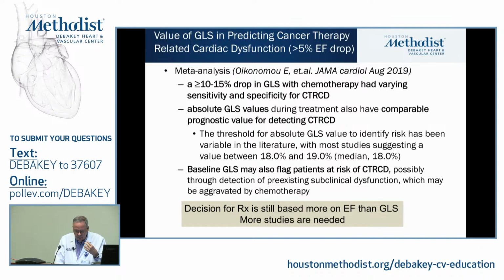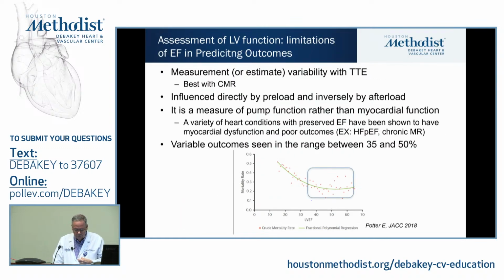So again, more studies needed, stay tuned, but it still has not crossed that barrier of being the gold standard that is used for making decisions in every patient in terms of introducing beta blockers and ACE inhibitors or reducing the dose of the chemotherapy and so on.